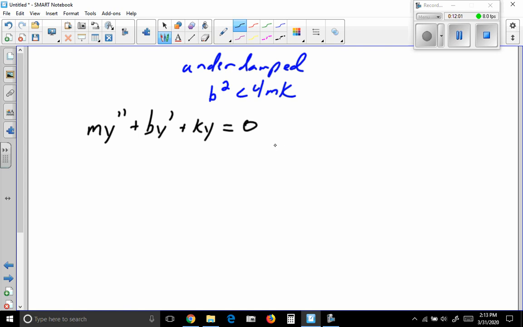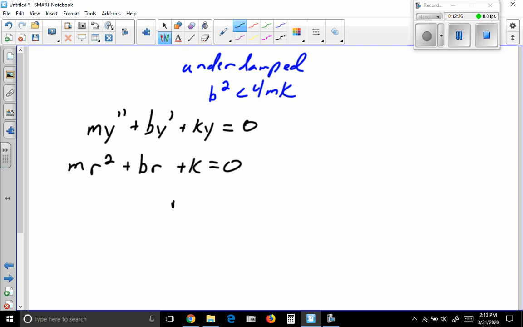That would make our auxiliary equation m r squared plus b r plus k equals 0. So this is just a simple quadratic equation depending on m, b, and k.